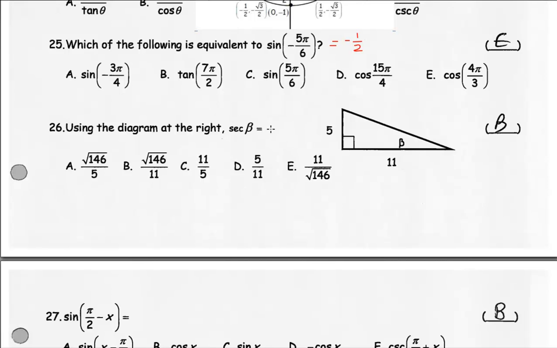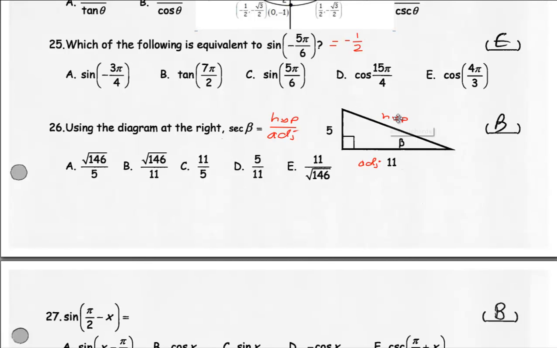Cosine is adjacent over hypotenuse, so this would actually be hypotenuse over adjacent. And we do actually have the adjacent, that's the 11. But we don't have the hypotenuse. This would be the hypotenuse up here. So we need to use Pythagoras Theorem to find the hypotenuse.